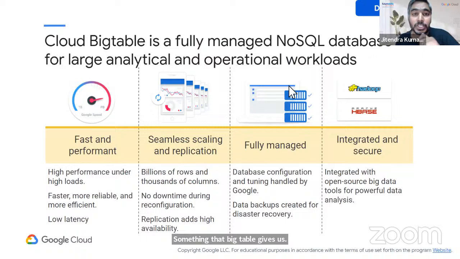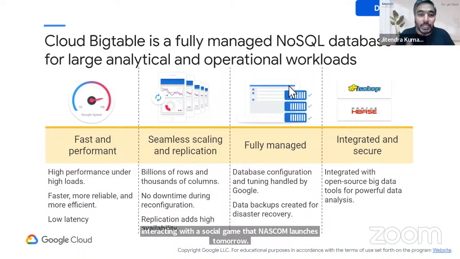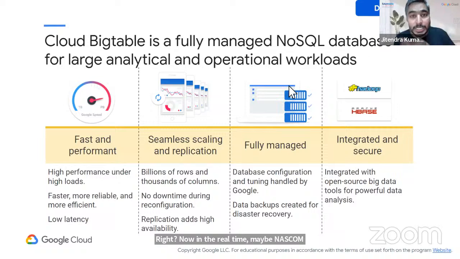So imagine a situation where all the financial institutions need to do millions of transactions in a minute, or imagine a very large organization like NASSCOM. Imagine if NASSCOM does tomorrow a big bang event, and then there could be lakhs and lakhs of people who are interacting with a social game that NASSCOM launches tomorrow. Right now, in real time, maybe NASSCOM says that, hey, we will give certain awards and rewards to those people who are interacting with our app that we have launched for this social media event that we are doing today.